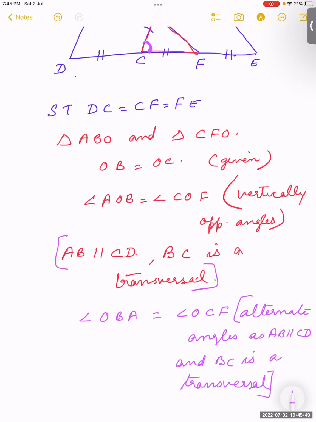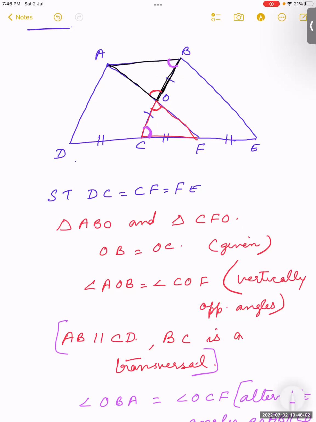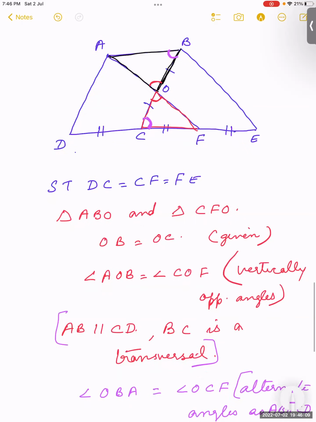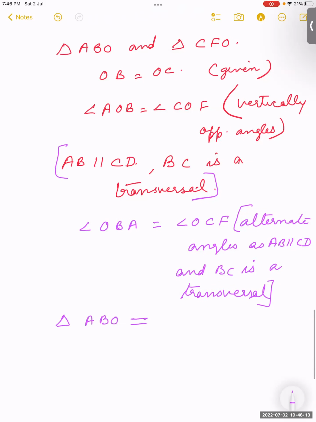So the three things we have proved: OB equal to OC, angle AOB equal to angle COF, angle OBA equal to angle OCF. With these three pieces of information, what do we have? Angle, side, angle, right? Based on ASA, we are able to prove the congruency. So write triangle ABO is congruent to triangle FCO, by ASA.